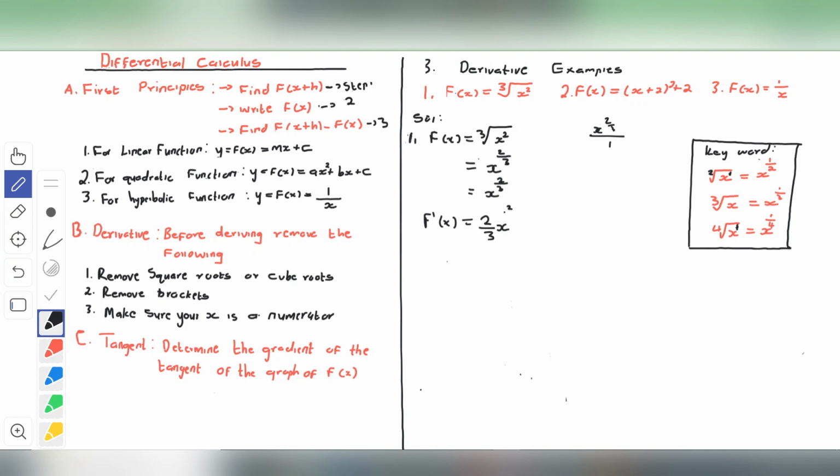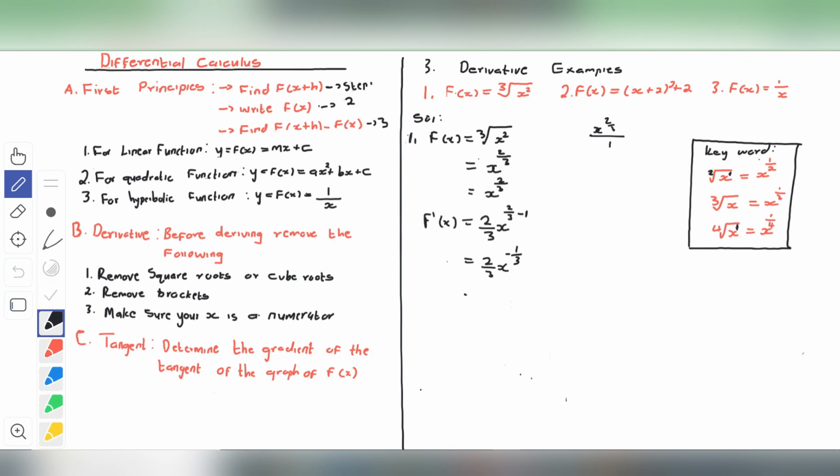So our exponent here is 2 over 3, so we have to subtract 1 from it. 2 over 3 minus 1 gives us negative 1 over 3, right?